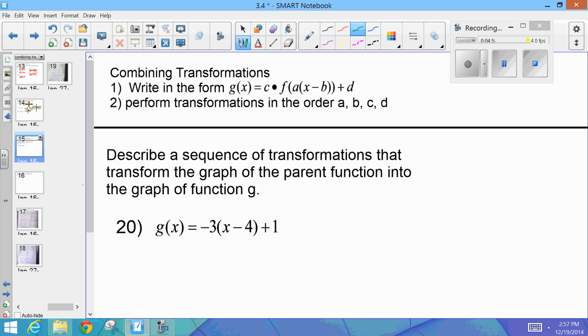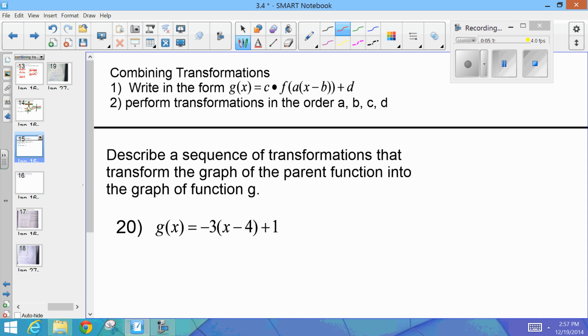Okay. Now with these, and I'm pretty sure there's a question on your upcoming test or maybe even on the midterm about this. Okay, here we are going to describe the transformations on a parent graph.